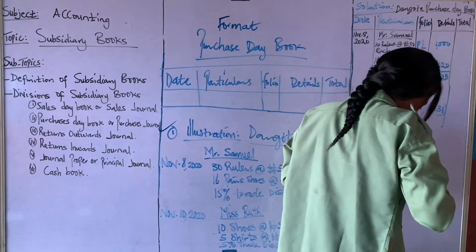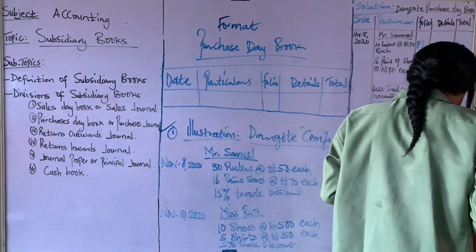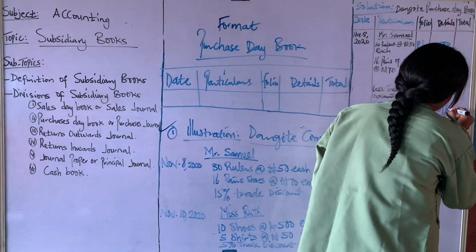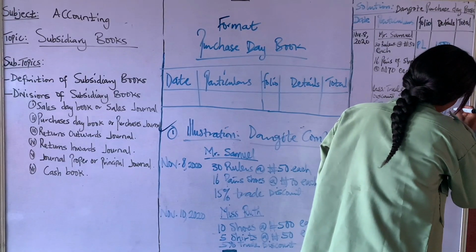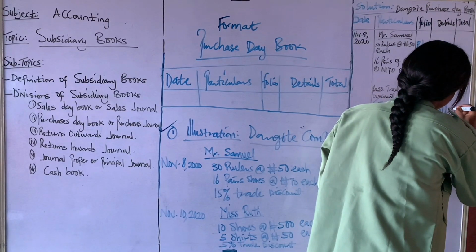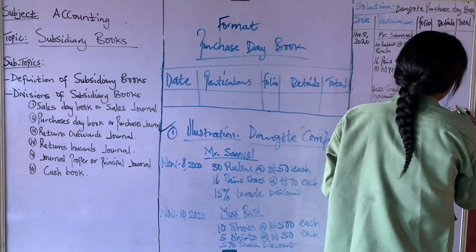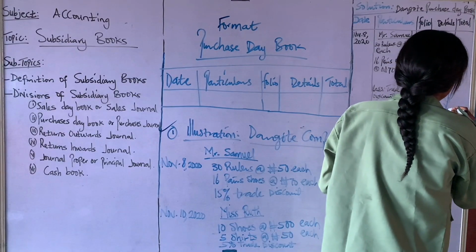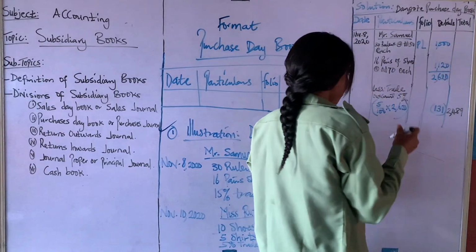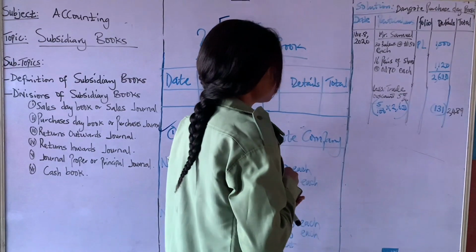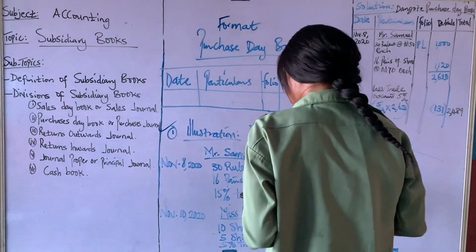Please hold on. Let's write it properly. So you come here, you write 2,489. That's the amount Dangote is going to pay to Mr. Samuel. We are done with the first transaction now.